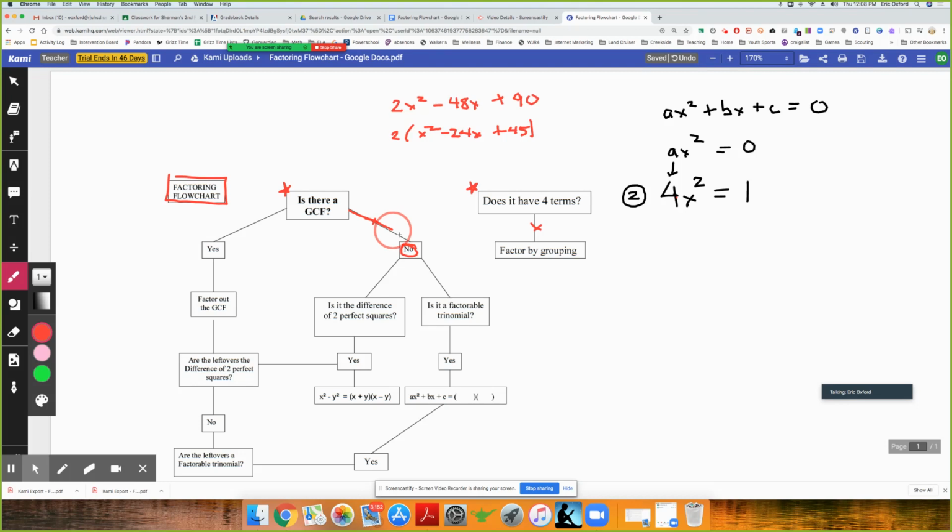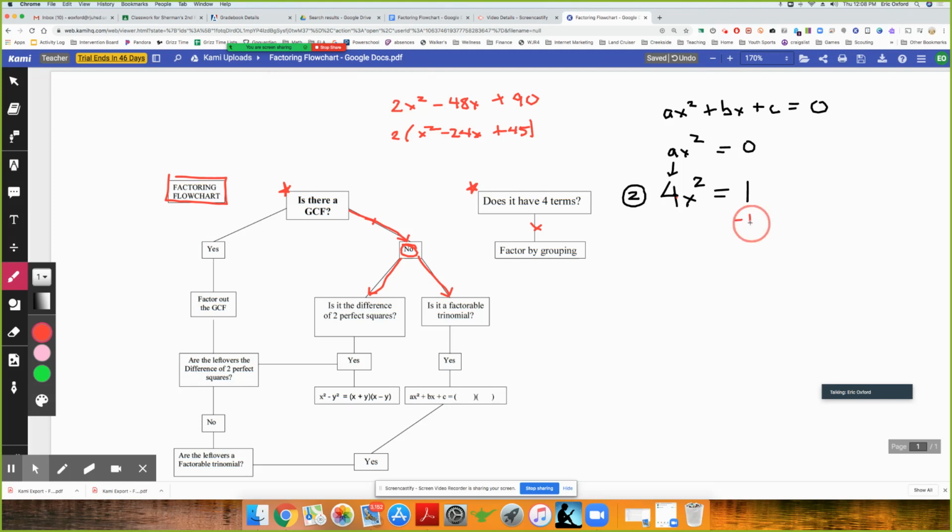And so we are going to go to the right because there's no GCF. We are going to go to either this question or this question. They're teaching you a different method, really. But at this point, what I would do with this is some math here and set it equal to 0.